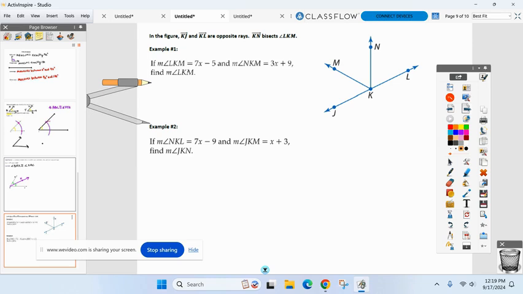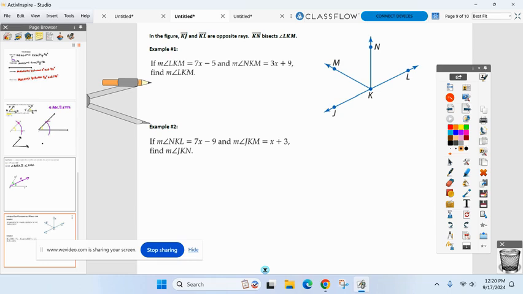It bisects angle LKN. So let's get in the habit of, I read it, I know what bisects means. Can you mark it on your diagram? Angle LKN is getting bisected, which we know means it's getting cut into two congruent angles. Can you guys put markings on my diagram for me now without even starting the problem yet?